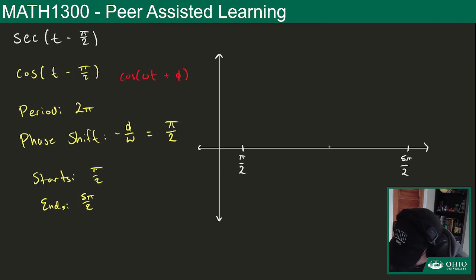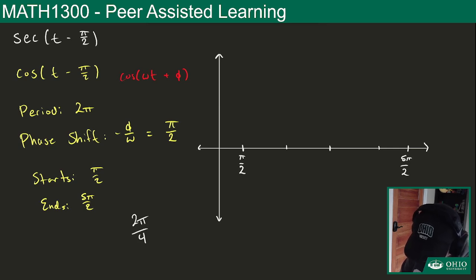So my first interval of interest will be in the middle, and then my second will be here, and my third will be here. The period is 2 pi, and if I divide that by 4, I get pi over 2.